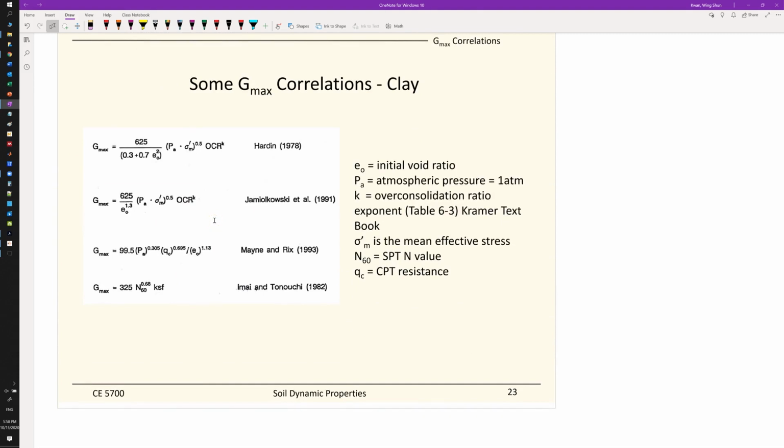If you cannot measure the Gmax values, then maybe those become handy. You can have an estimation of the Gmax, but the best Gmax value you get is from the in situ test. So you get the in situ test Gmax values, and then you use that to correct your lab data. That's your best chance to get the most precise degradation curve, and you will need those curves for site response analysis, and we'll talk about that next.